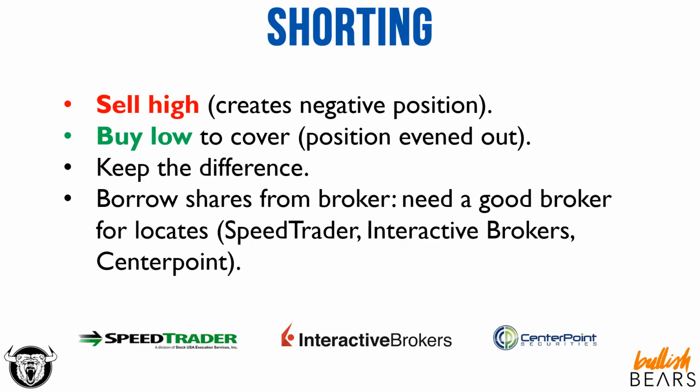Depending on when you're watching this video, you have to put a decent amount of money, at least 25,000 or more, into a Speed Trader account or a Centerpoint account to get set up. But again, they might change their account minimum, so just reach out to them to see. With Interactive Brokers, you don't have to put as much money into an account to get set up. But all three brokers are really decent at finding shares to locate for shorting.